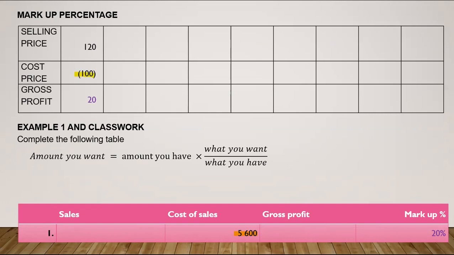What is your sales percentage? Your sales percentage for this specific example is 120. If you want sales, you will take the amount that you have, which is this 5,600.